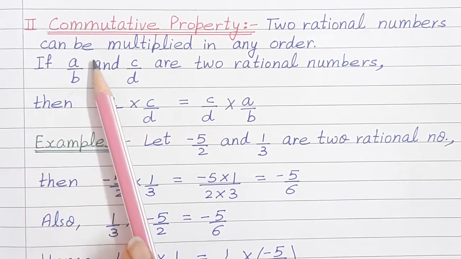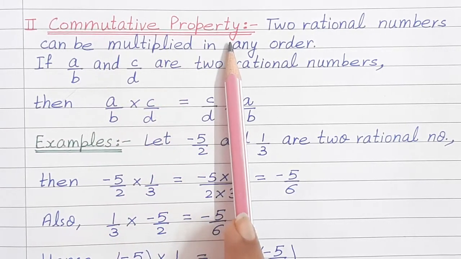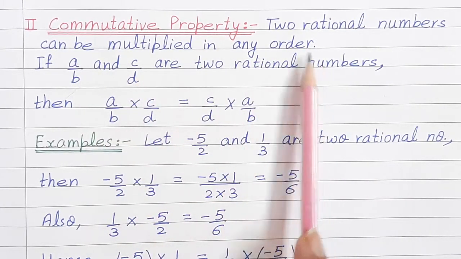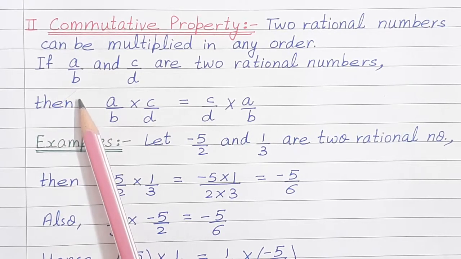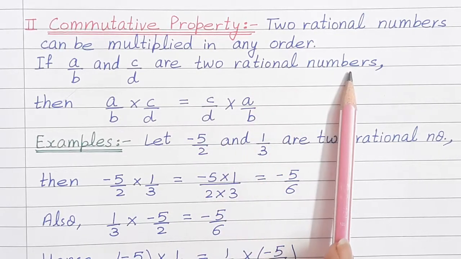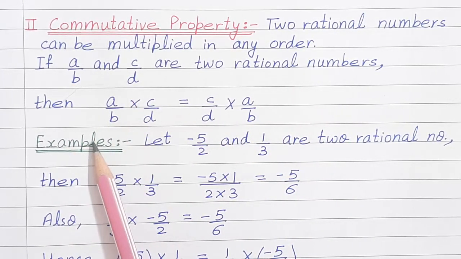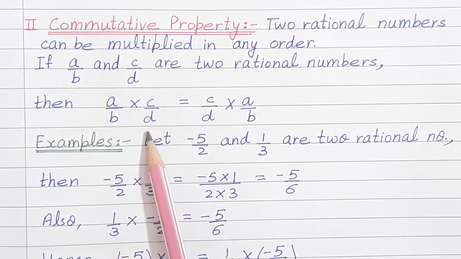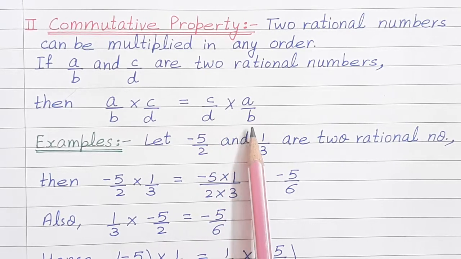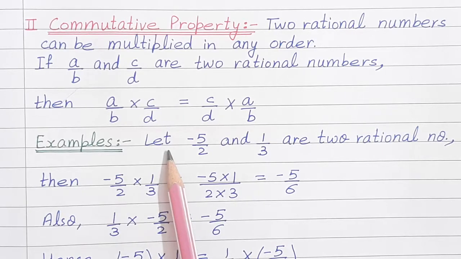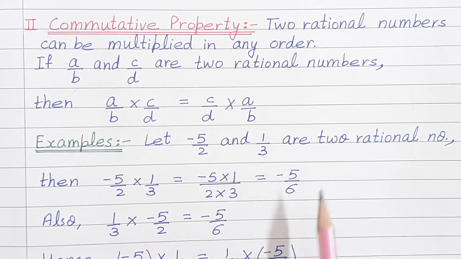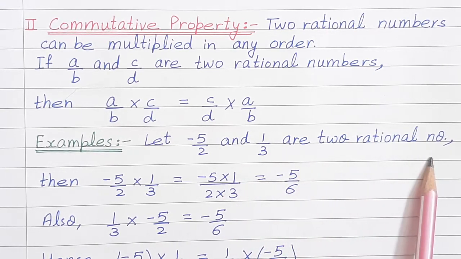Now let us discuss the second, that is commutative property. Two rational numbers can be multiplied in any order. If a upon b and c upon d are two rational numbers, then a upon b multiplied by c upon d is equal to c upon d multiplied by a upon b. For example, let minus 5 upon 2 and 1 upon 3 be two rational numbers.